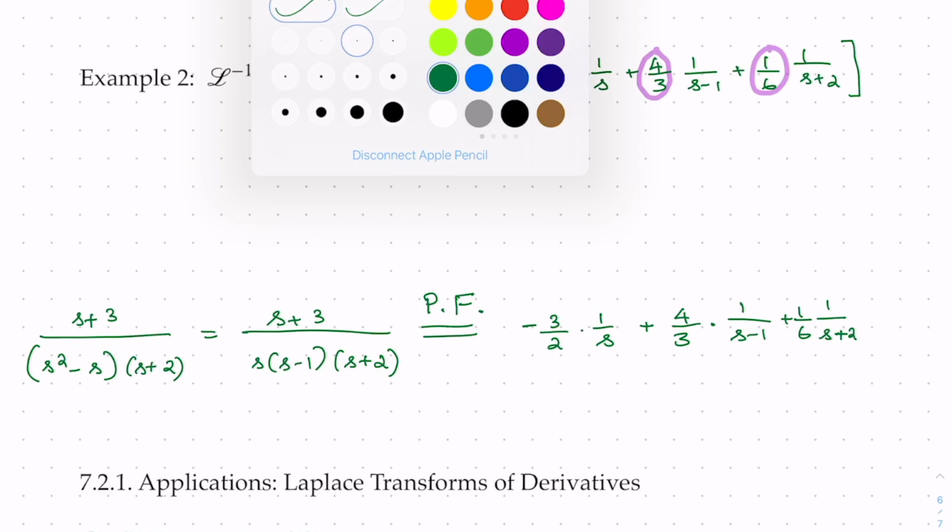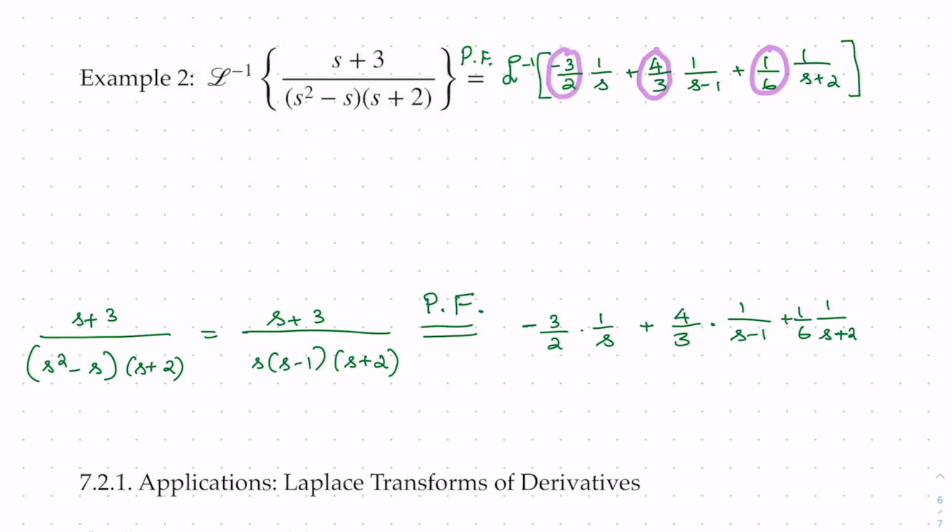And then what you can do now is use the linearity property. If you use the linearity property, then you can rewrite this as negative 3/2 Laplace inverse of 1 over s, positive 4/3 Laplace inverse of 1 over s minus 1, and 1/6 Laplace inverse of 1 over s plus 2.